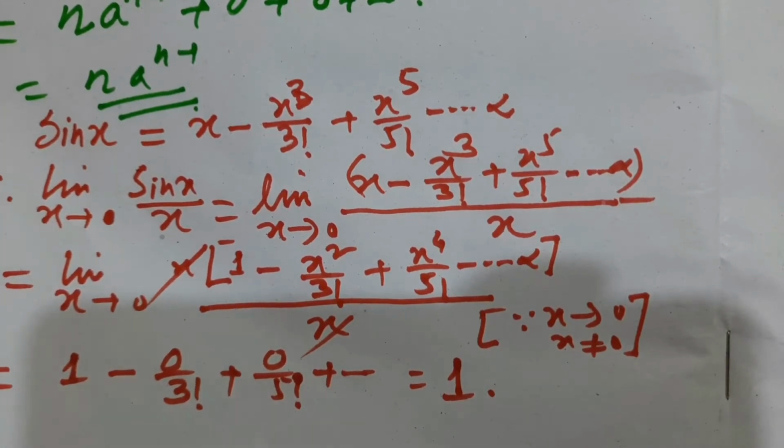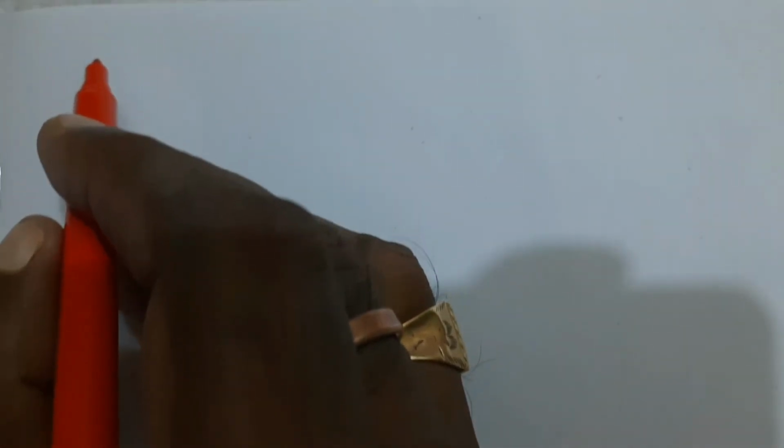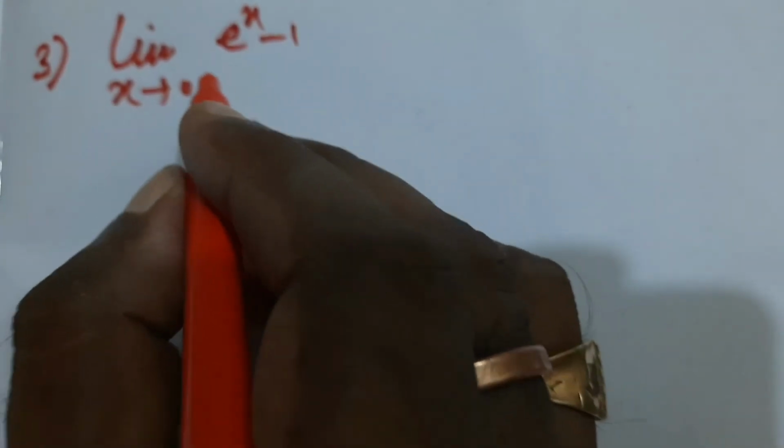Next formula, third number: limit x tends to 0, e to the power x minus 1 by x, and that is equal to 1.